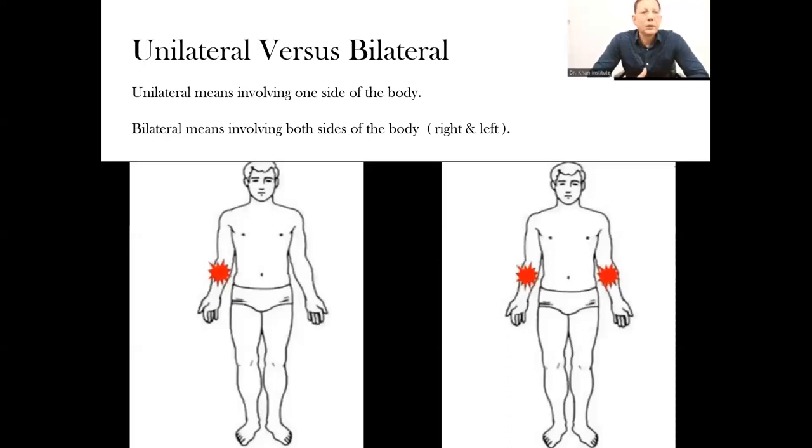If there is a loss of vision in one eye, or loss of hearing in one ear, we will say unilateral loss of vision or unilateral loss of hearing. But if both knee joints are affected, like by inflammation, arthritis, we will use the term bilateral arthritis. So uni means involving one, and bilateral means involving both.